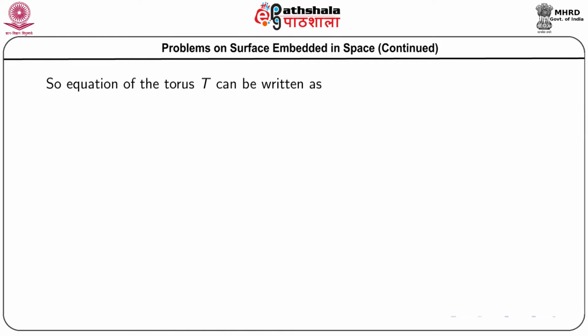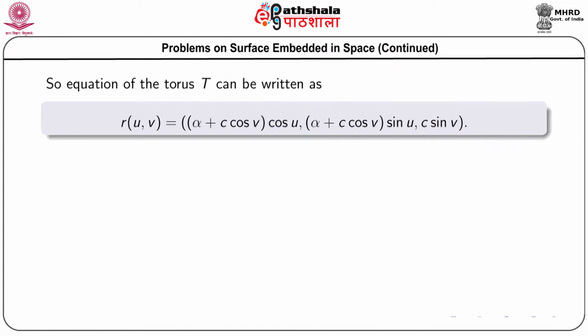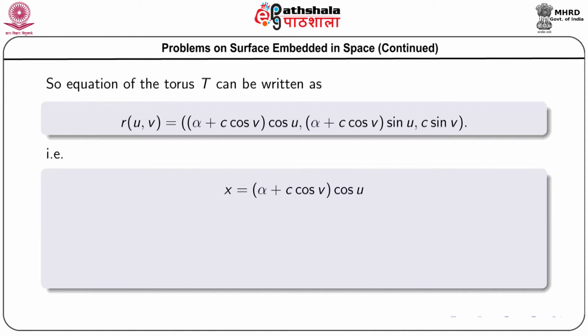So, with this information we have the equation of torus like this: alpha plus c cos v cos u, alpha plus c cos v sin u, and c sin v. That is x equals alpha plus c cos v cos u, y equals alpha plus c cos v sin u, and z equals c sin v.